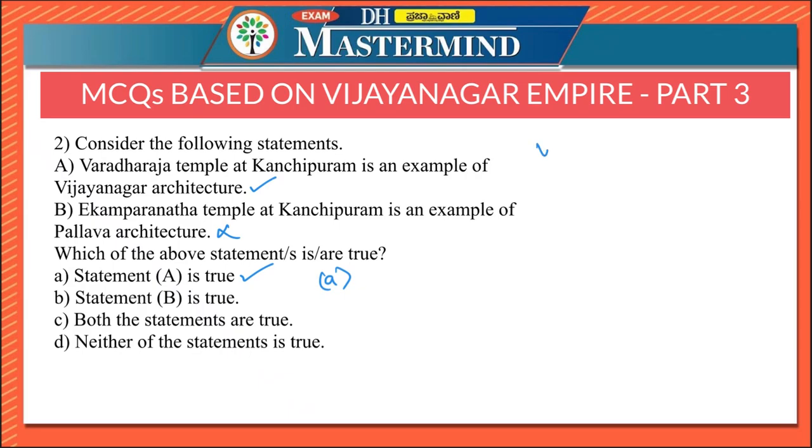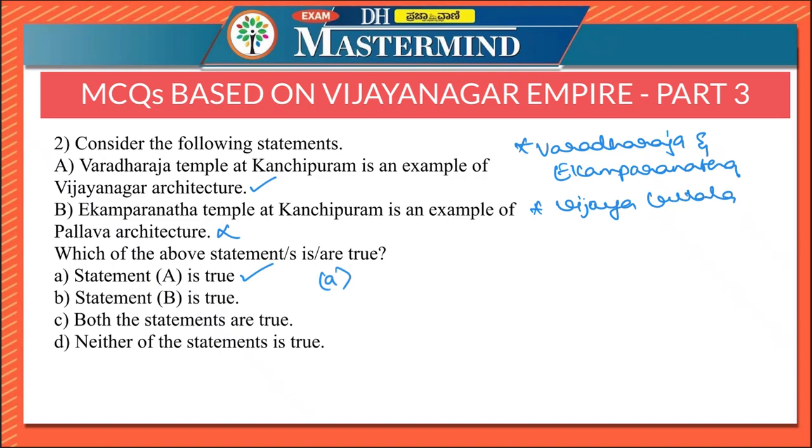Both Varadaraja as well as Ekamparanatha temple stand as a fine example of Vijayanagar architecture. So, even the Ekamparanatha temple at Kanchipuram is an example of Vijayanagar architecture. Along with this, the Vijayavittala temple at Hampi, and then Hazara Ramaswamy temple at Hampi.